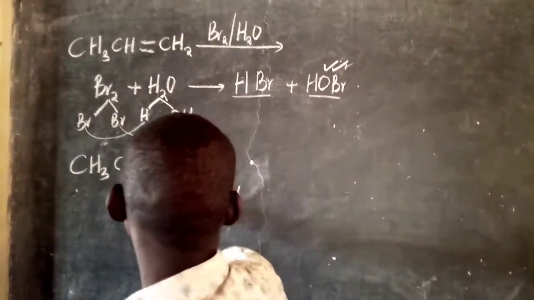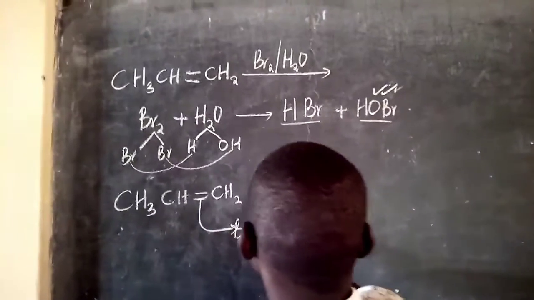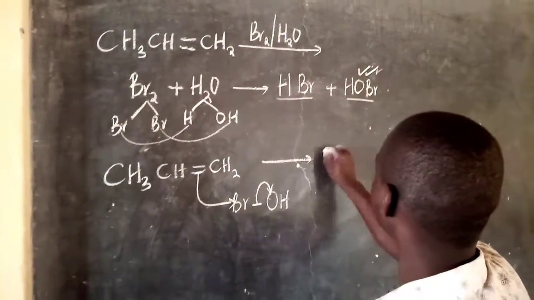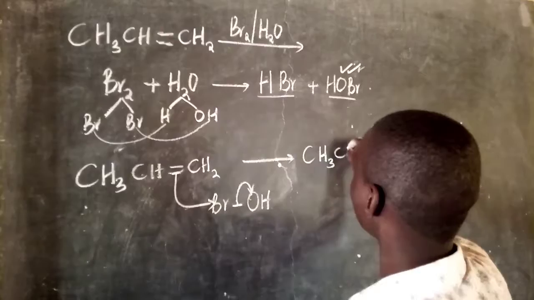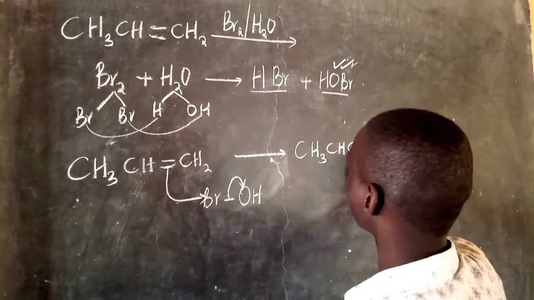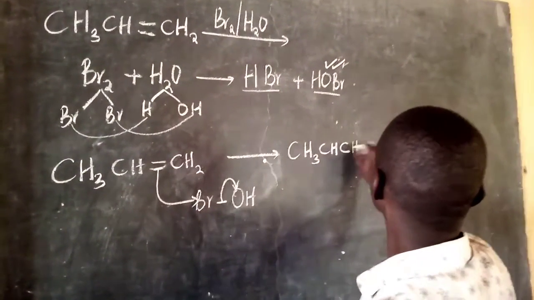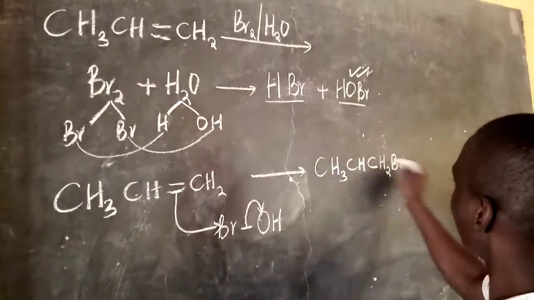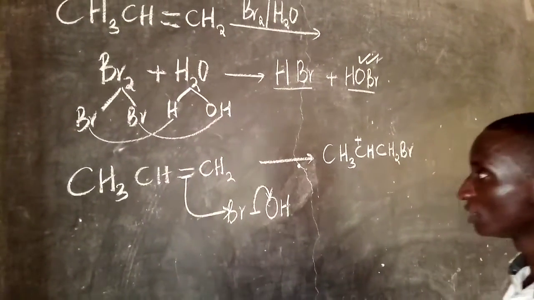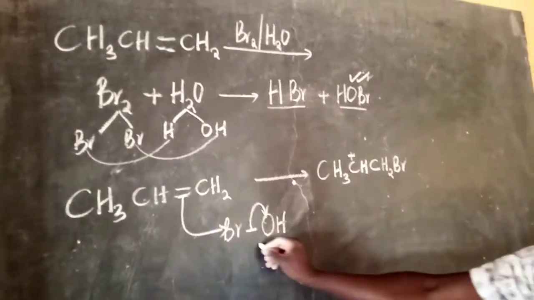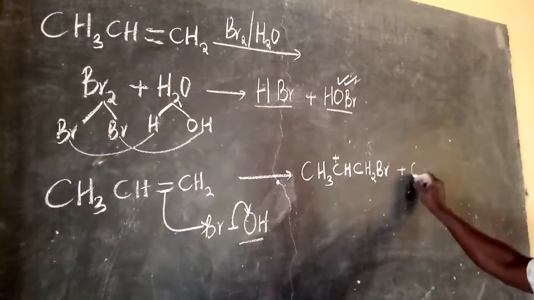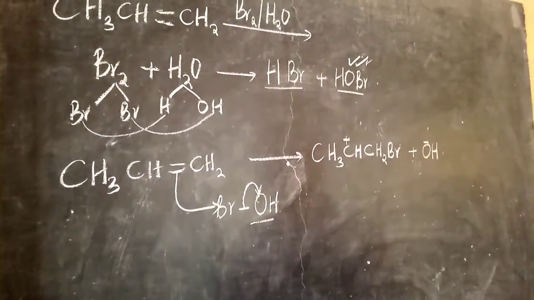So as this one goes off, we come up with CH3, CH, Markovnikov's addition. So we have Br there, as we form a carbonium ion at that point. And the effect of this is the formation of the hydroxide ion.